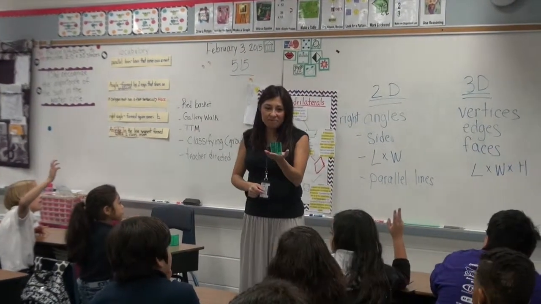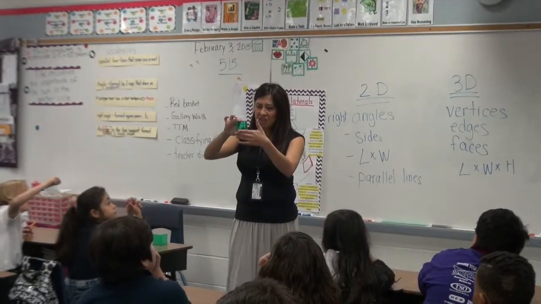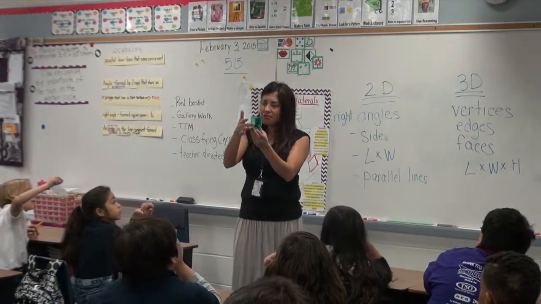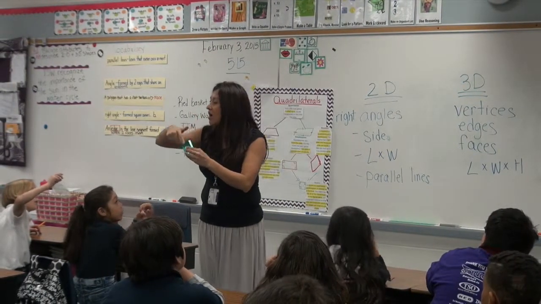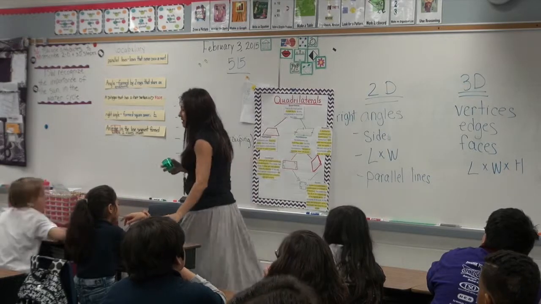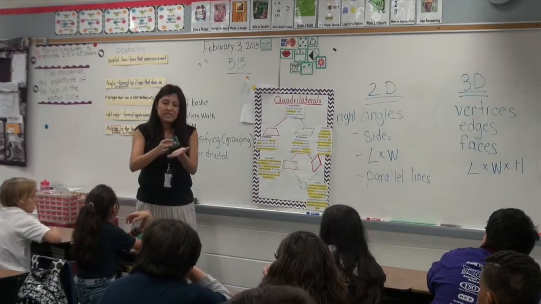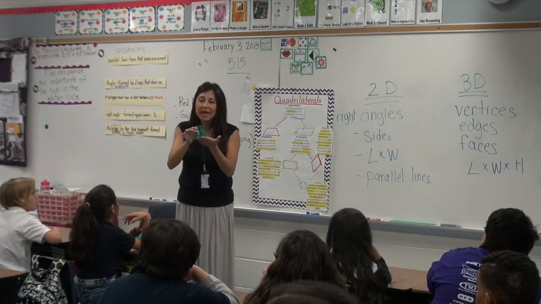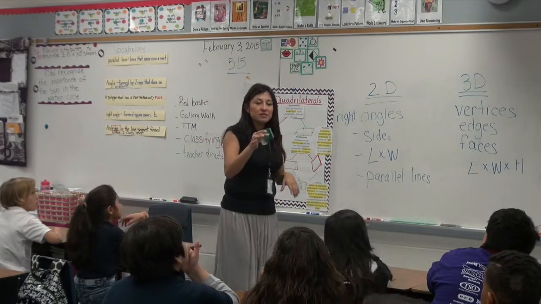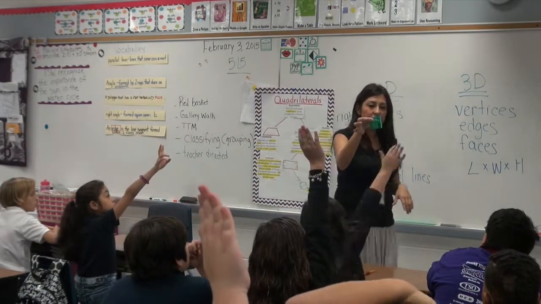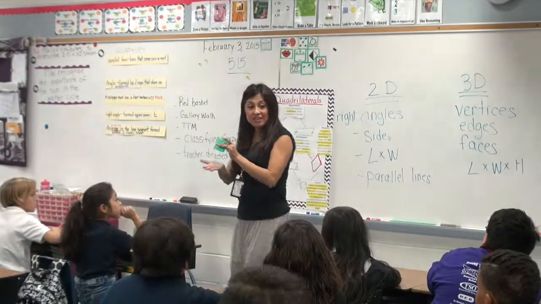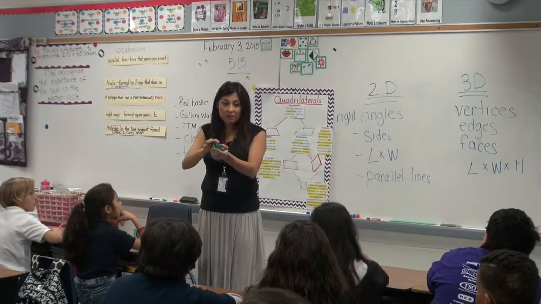It has one. Some students want to go, well, it's curved here, here's another one, but it's still one curved surface. And I like the way Abdul said this is a circular base. And how many circular bases or surfaces do we have? Two. That means that I can actually stack them if I wanted to, right?